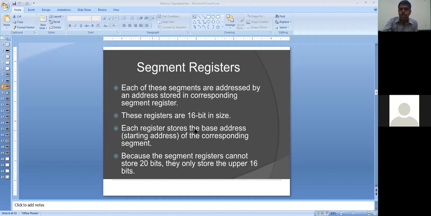Each register stores the base address, that is the starting address of the corresponding segment. Because the segment registers cannot store 20 bits, they only store the upper 16 bits.